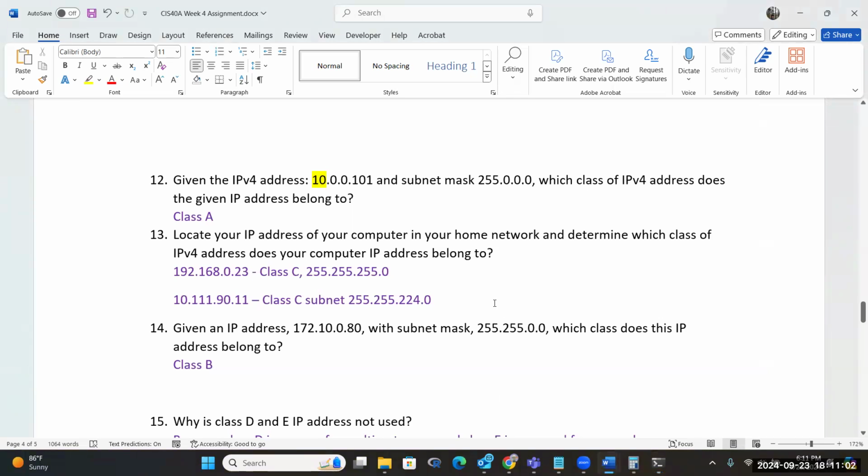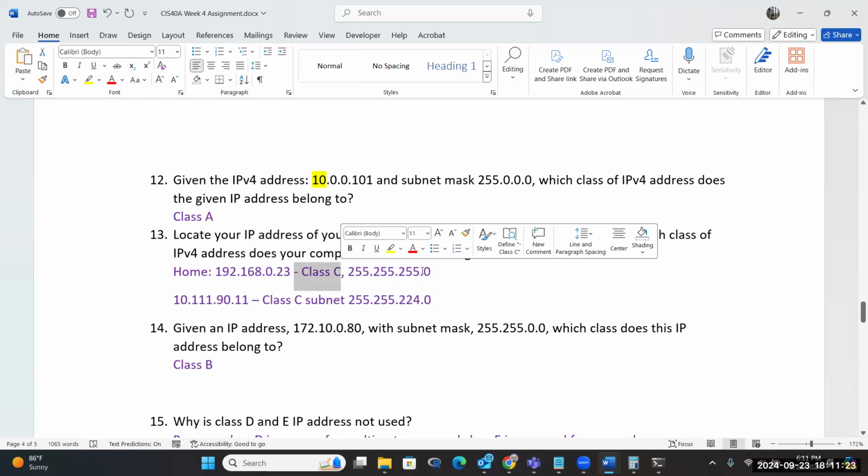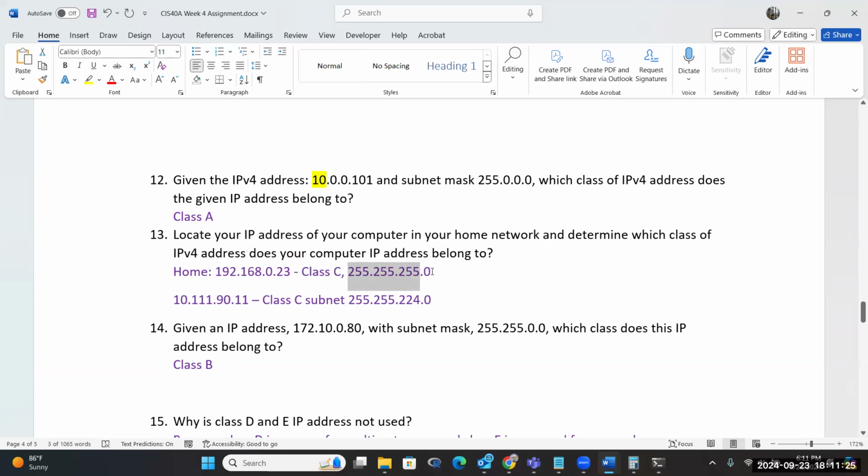Or if I want to use the one at school, it would be like this. So this one at the top is my home. I'll type that out so you can see. And it's a class C address, right? And my subnet mask is 255.255.255.0.